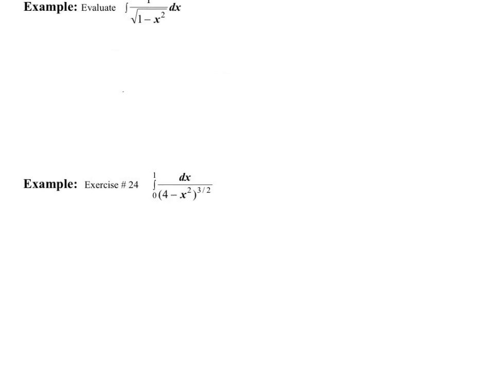Now, before we see the second type of trigonometric substitution, let us see another example for the first type, which is this one. This is now a square minus x square, which we said looks like 1 minus sine square. So we are going to take x as a, which is the square root of this, 2 sine theta. So now here the power is not only a square root, it is a cube of a square root.